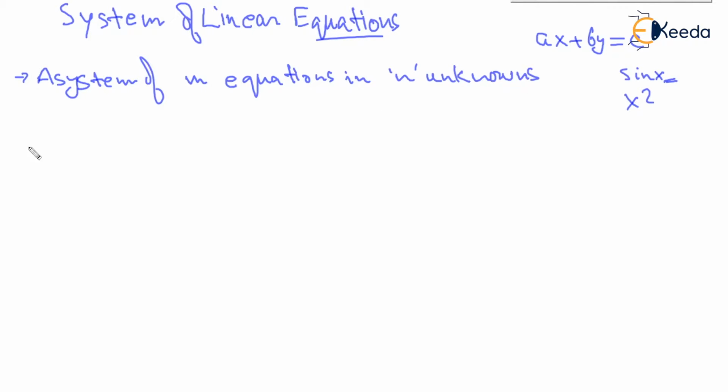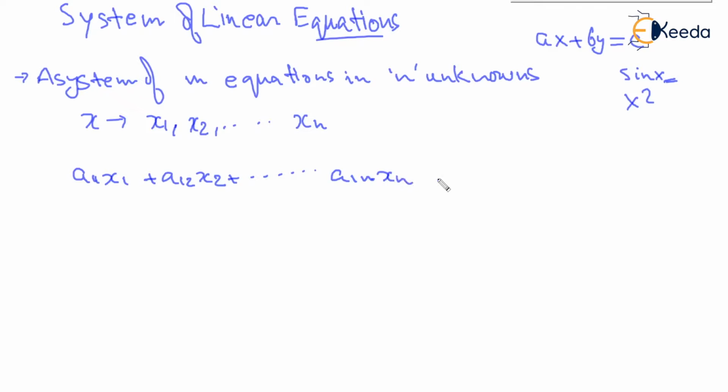Let's say we have n unknowns, the unknowns are x1, x2 and so on, xn. The equation may be of the form a11 x1 plus a12 x2 plus and so on up to a1n xn equal to some constant b1, right?